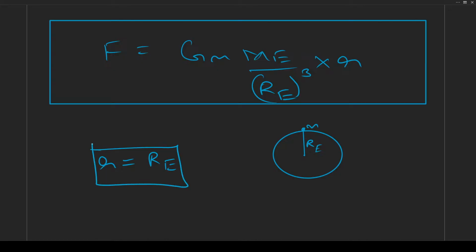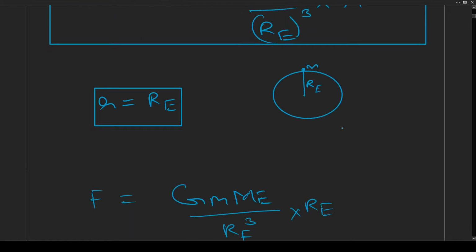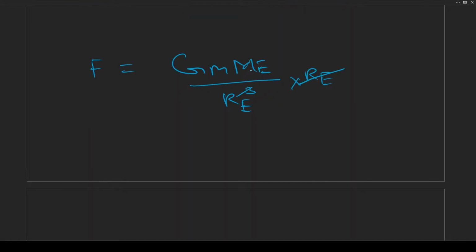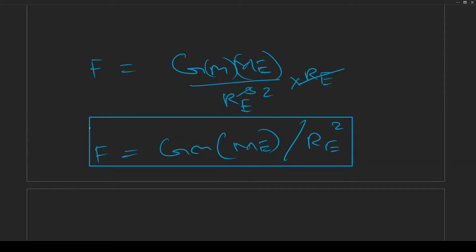If it's situated at the surface, r equals Re, then F, which is equal to G M m e by Re whole cube into Re. So we'll get F, which is equal to G m1 me by Re whole square. This is the actual gravitation formula itself. We got it back.